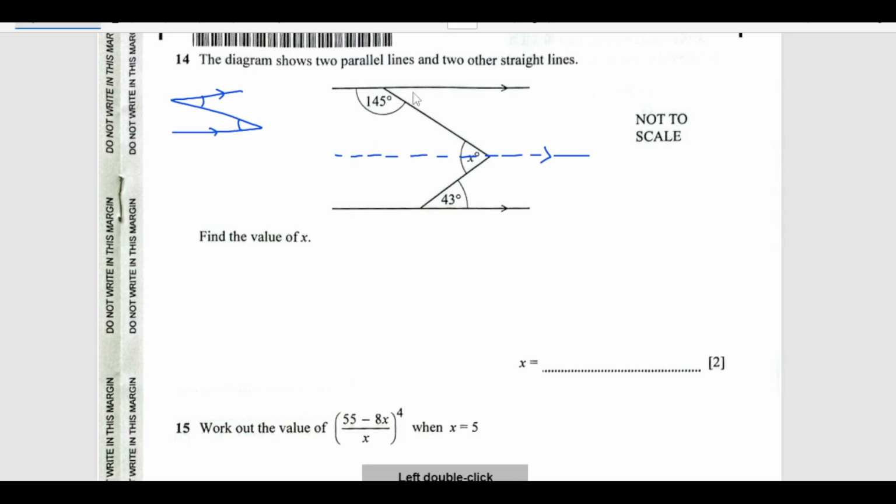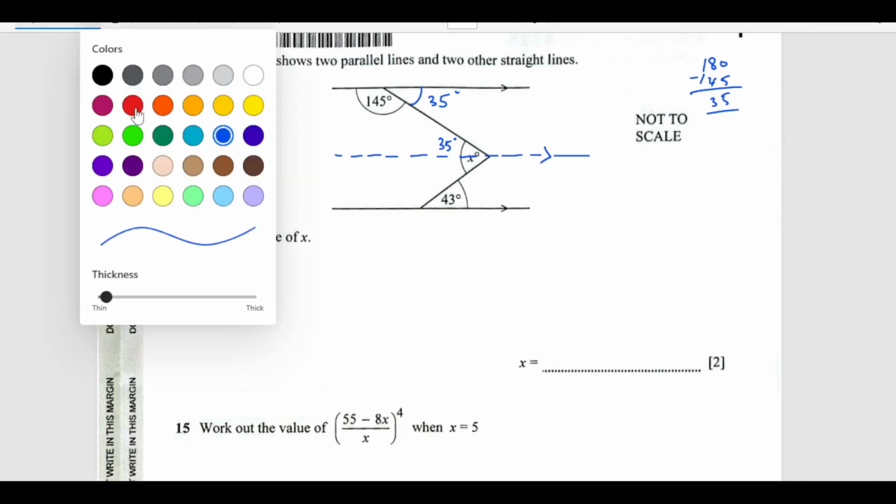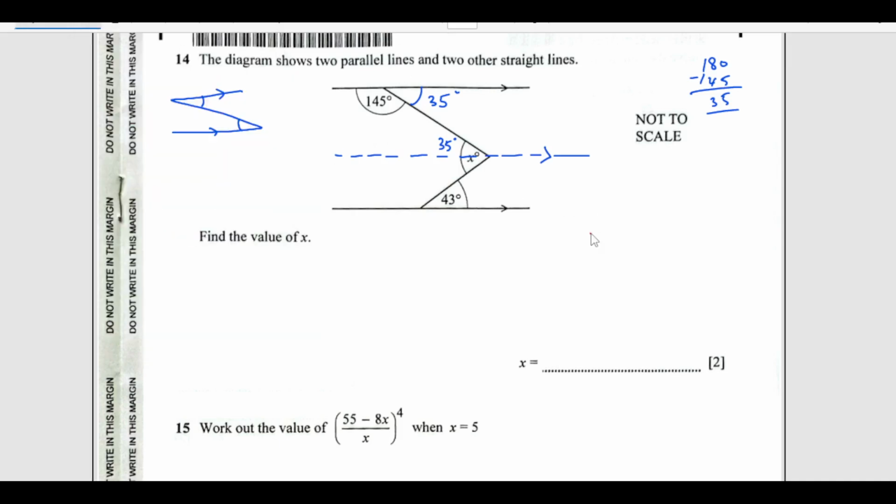Alternate angles. First of all we will find this angle because it is on a straight line. So 180 minus 145 is 35. So this angle is now 35. If this is 35, this is also going to be 35 this way, because it is an alternate angle. On the other side, we have 43.